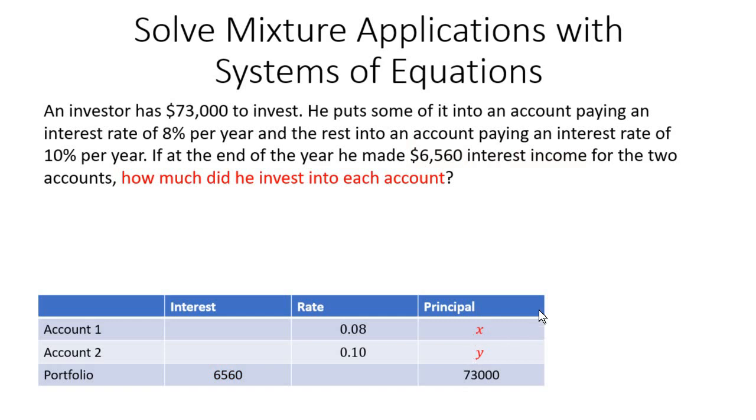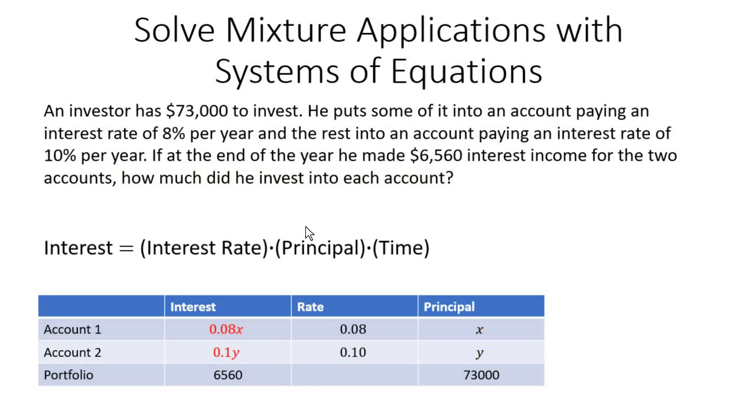And I do know the formula that the interest, the amount of interest in dollars, is equal to the interest rate multiplied by the principal. So to populate these two cells, I can just multiply 0.08 times X and 0.10 times Y, because interest amount is equal to the interest rate times the principal, and like we said, the time is 1 year. So there we have it.